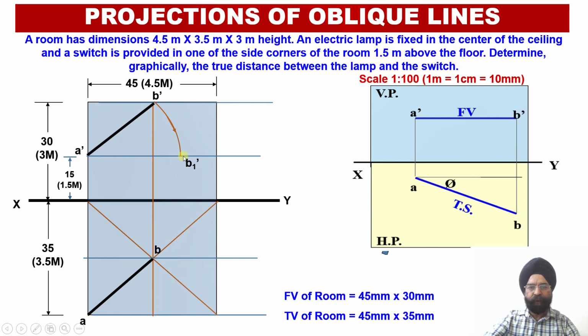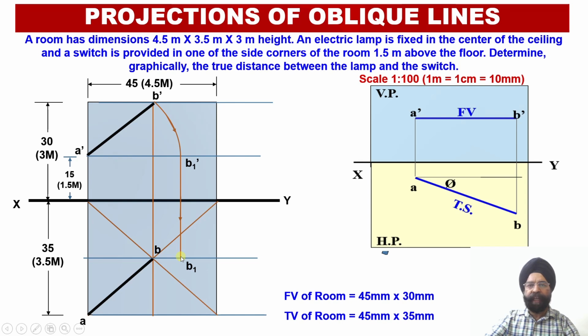So here from this point B1 dash, we will be drawing a vertical projector. You can check the vertical projector we have drawn through this point B1 dash. We will extend this line up to the locus line corresponding to the point B, and wherever these two lines intersect, we are going to obtain the point B1 over here.